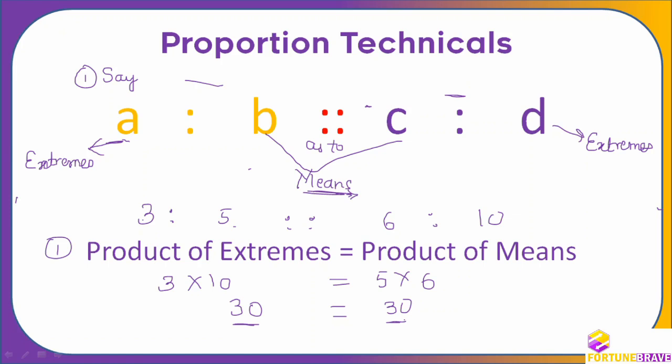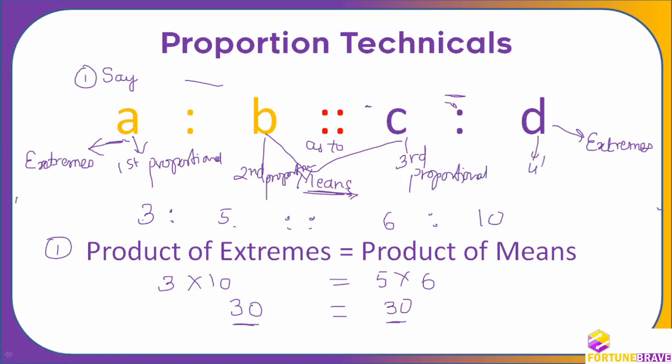These terms A, B, C and D are not only termed as extremes and means, they are also called first proportional, second proportional, third proportional, and this is called fourth proportional.